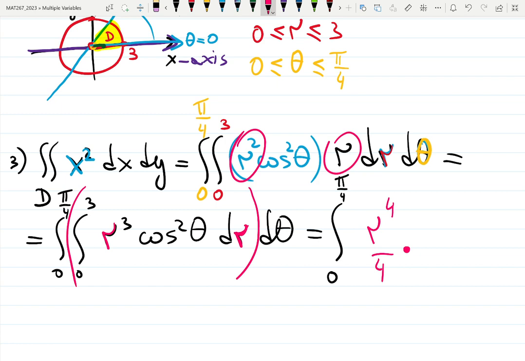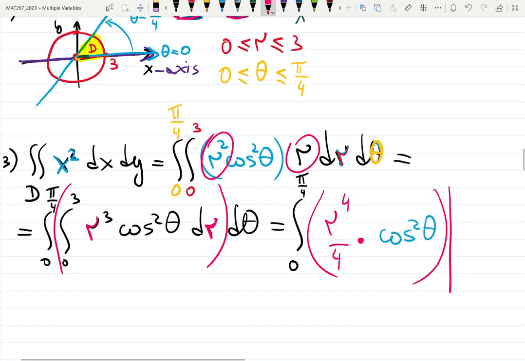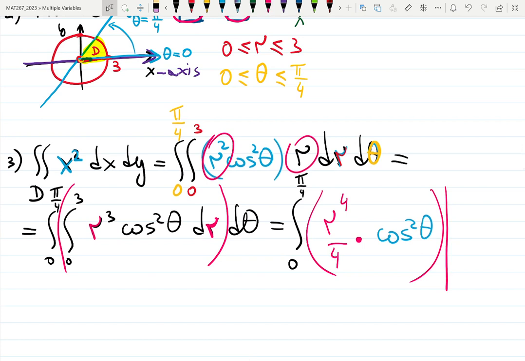What happened with cosine squared? It stays because it's multiplied. It's a constant. So I will put it in blue, I guess. Cosine squared theta. And then I have a bar in pink. So the integral in pink became that. And the bar is whatever r was, from 0 to 3. Something is missing before I do the equal sign.